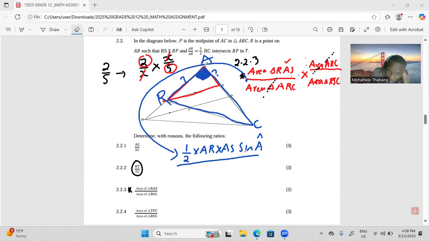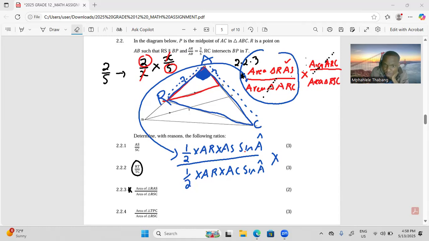So now I'm going to focus on the side AR and the side AC. So I will say half of AR times AC sine A.